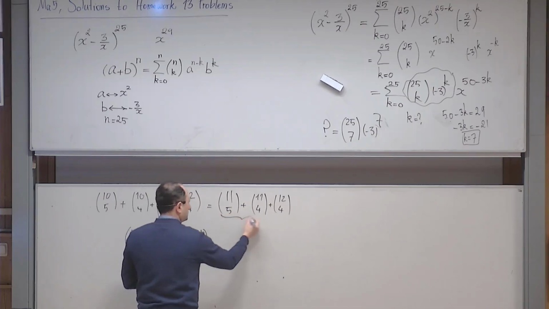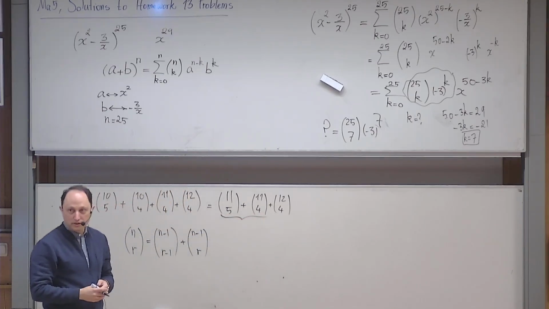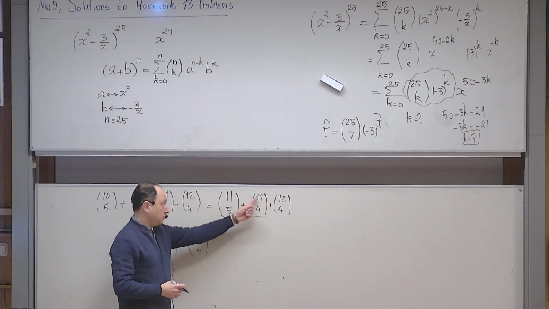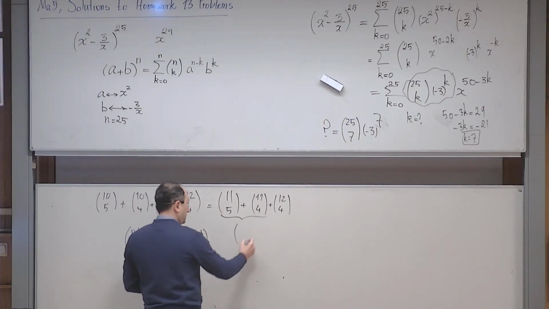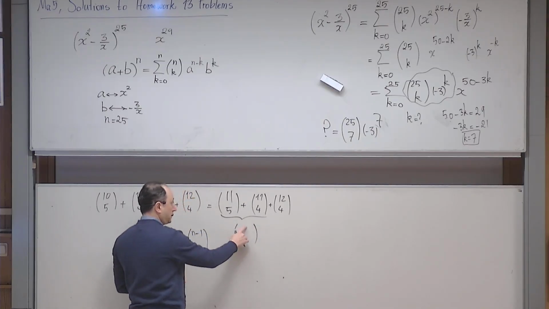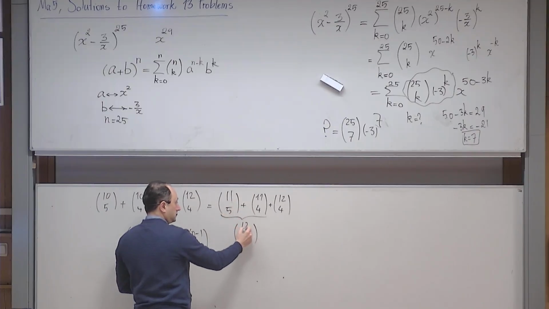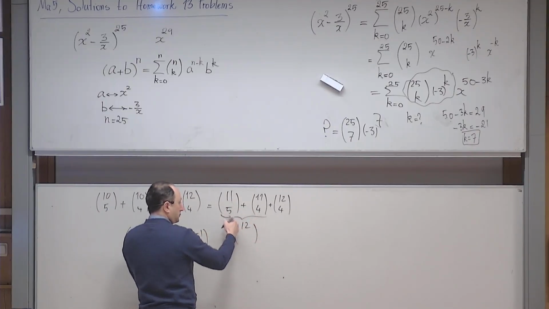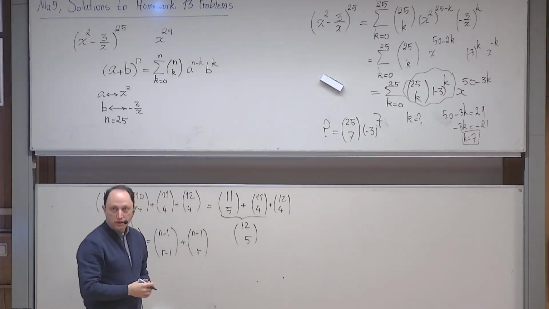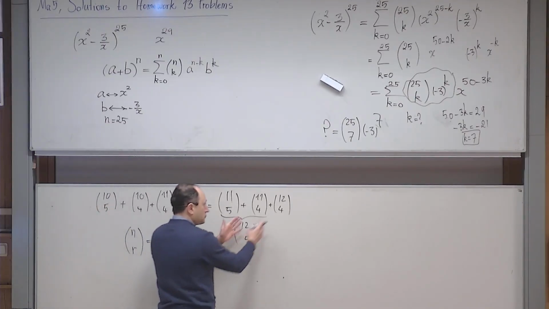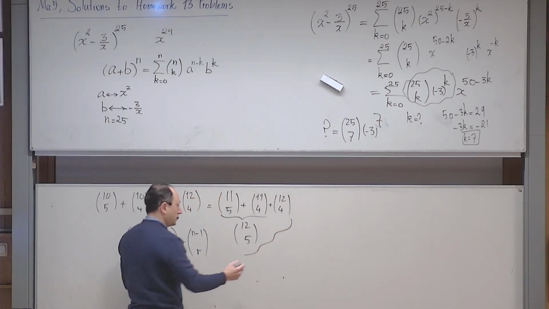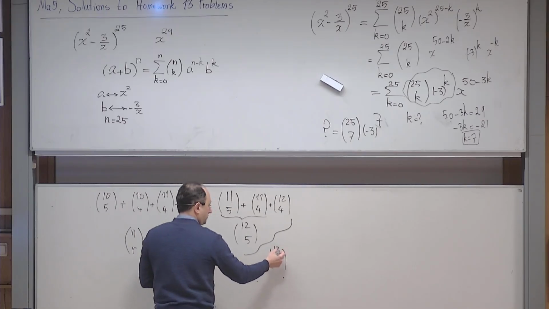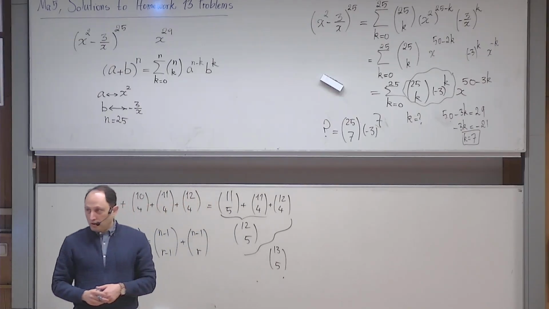Now these two form another Pascal identity, because these numbers are the same and they differ by 1 unit, so I can combine them into one binomial coefficient whose top number is 1 more, and the bottom number is the bigger one. Then the same story. Now this one with the last one makes another Pascal identity. So what should I write? I write 13, and between these two, I choose 5.